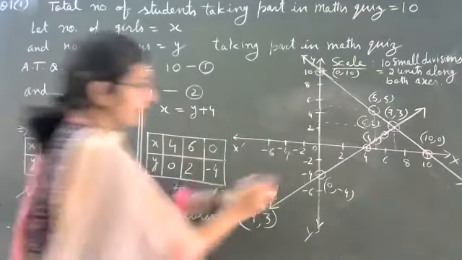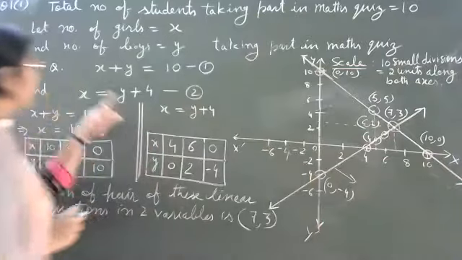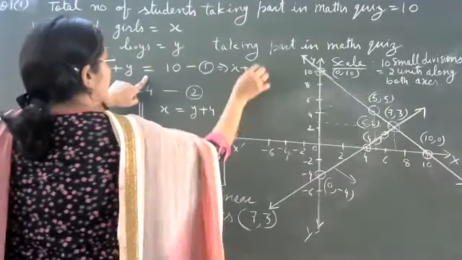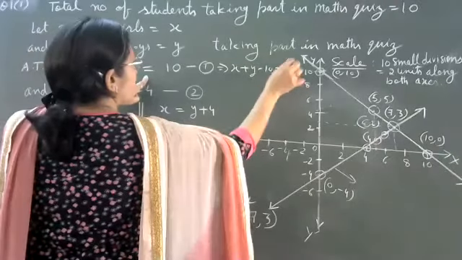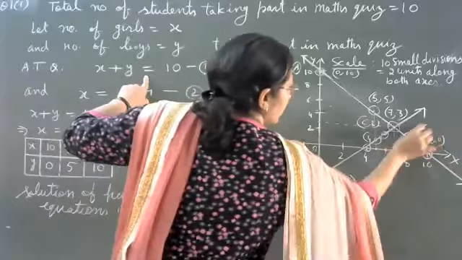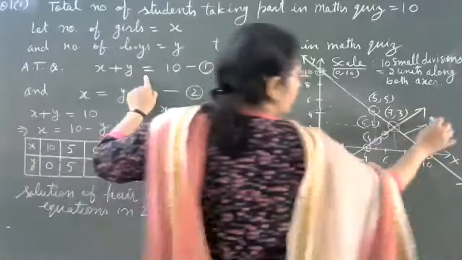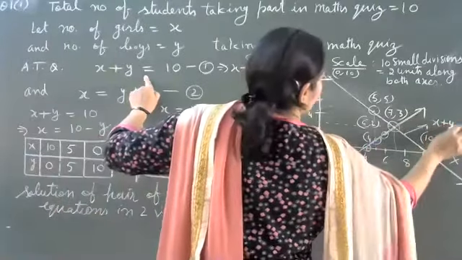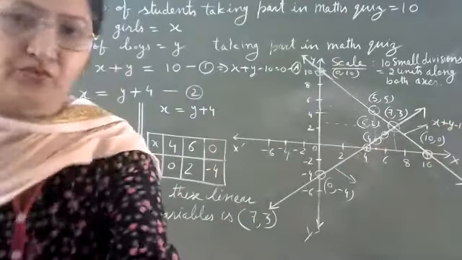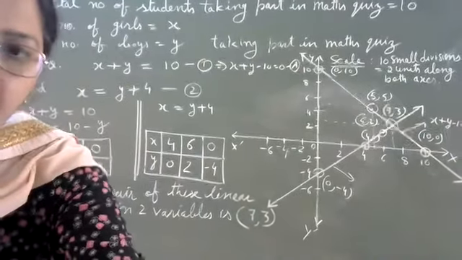Clear? So here we can write the equation. This equation has to be written in standard form, so you will have the equation x plus y minus 10 equal to 0. That is equation A. So the first equation you have is x plus y minus 10 is equal to 0. Clear? First equation we have mentioned.